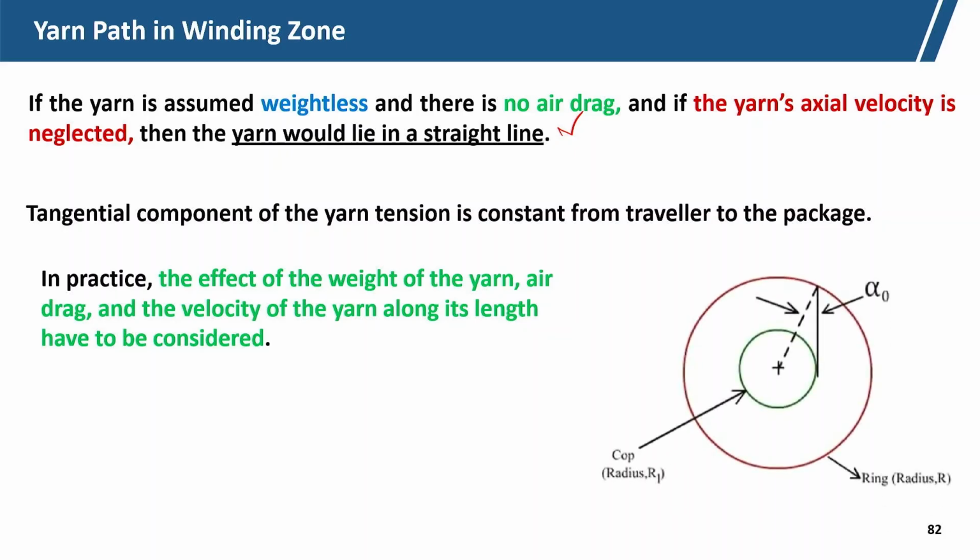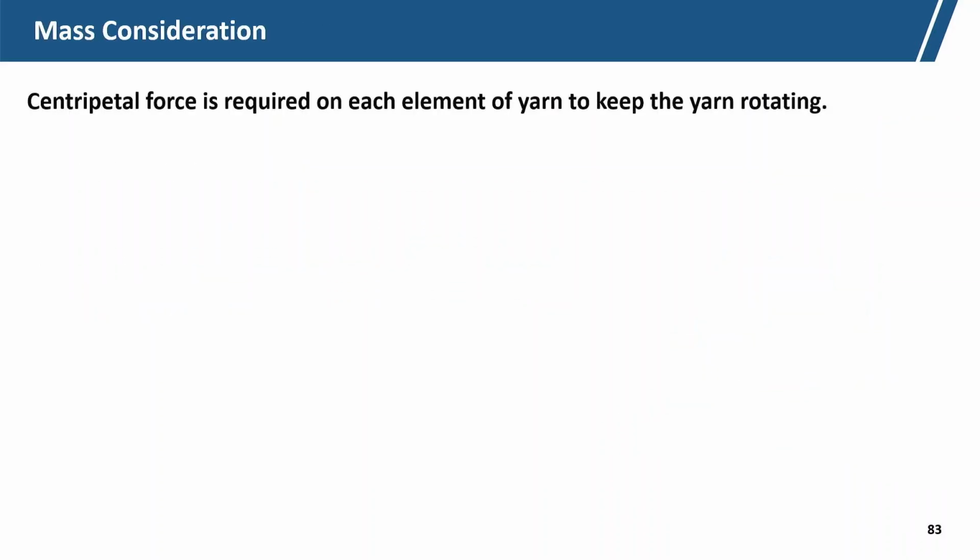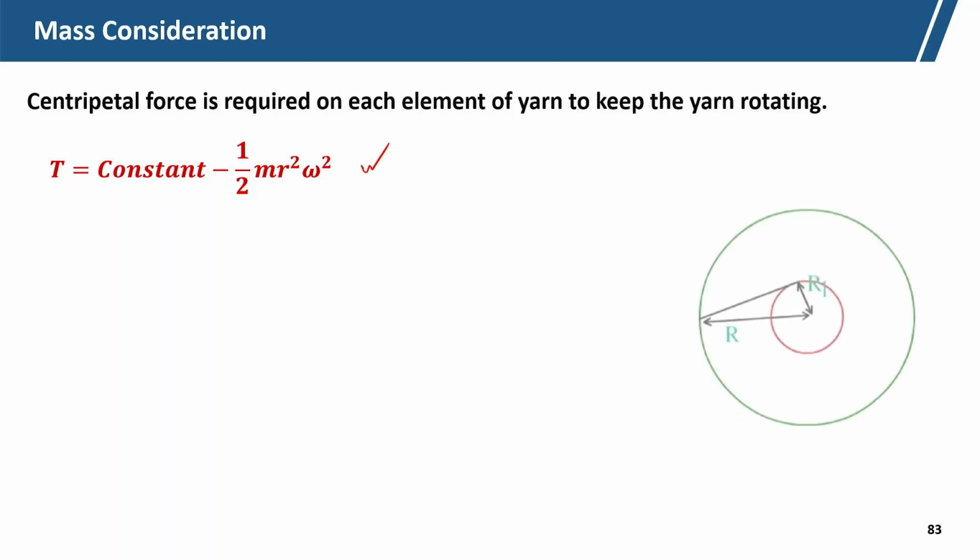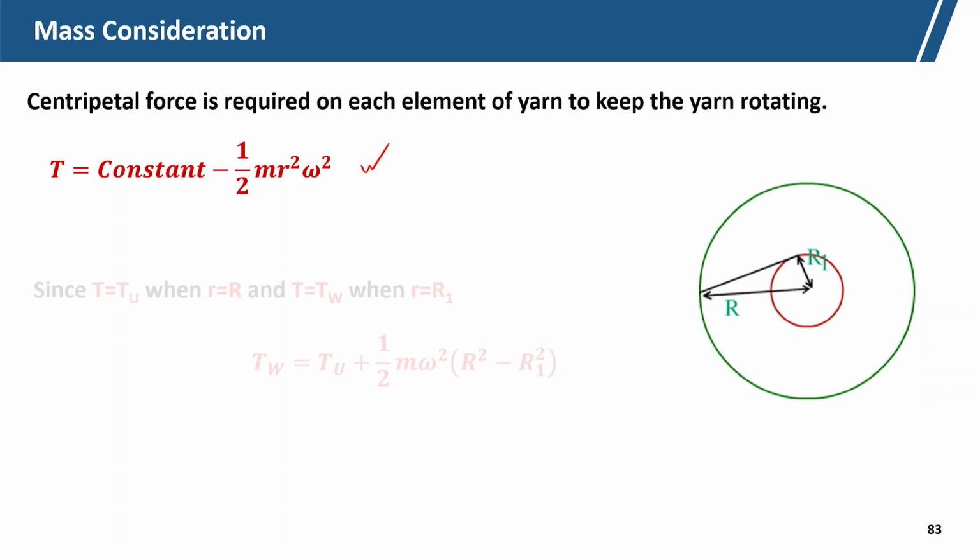So, here you can see this is the angle 0 COP radius, and this is the ring radius. The centripetal force is required on each element of the ion to keep the ion rotating. So, T equal to some constant minus half m r square omega square centripetal force, here is the r.